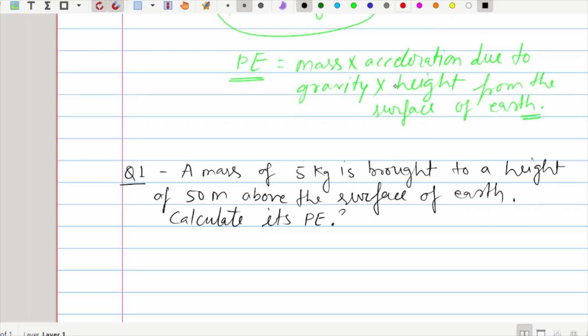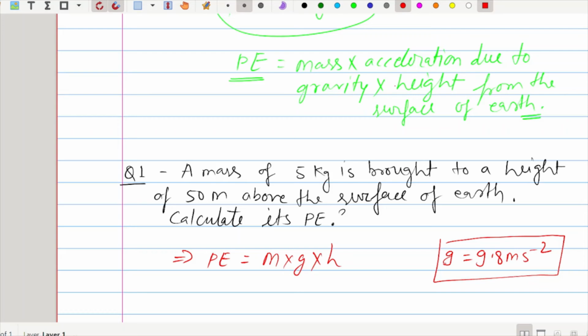Now to calculate potential energy, we can use the formula. First of all, PE is equal to M into G into H, and near the surface of earth G is 9.8 meter per second square, right? And this value is almost the same everywhere on the earth.